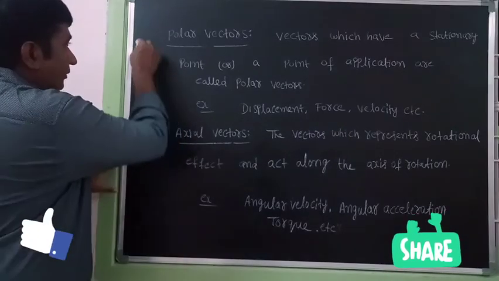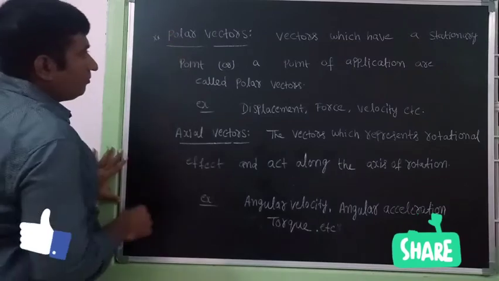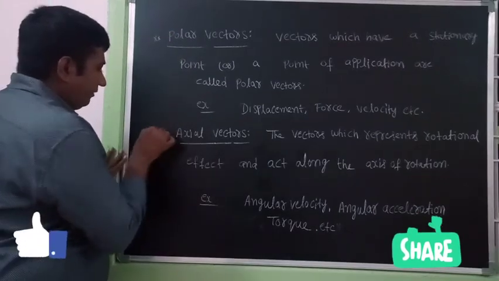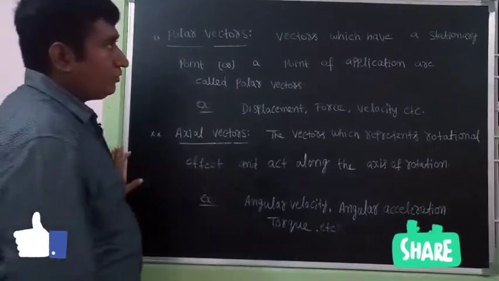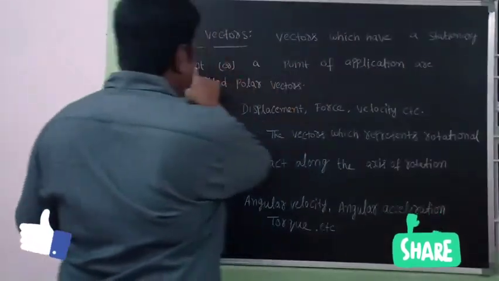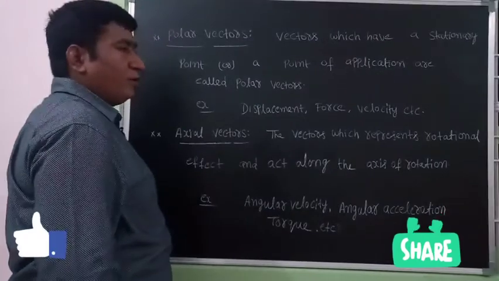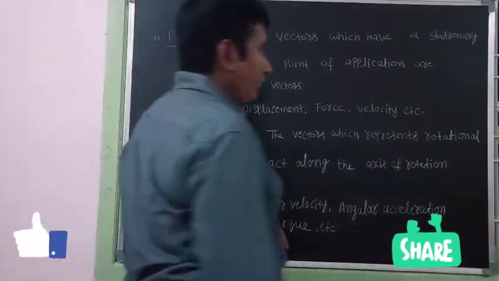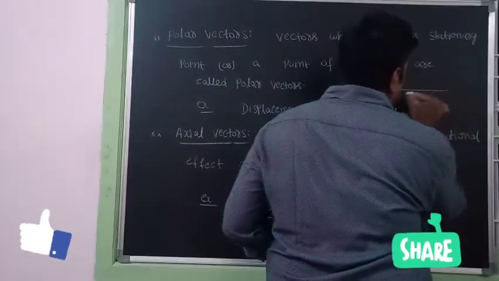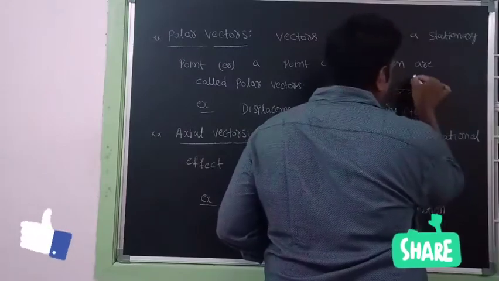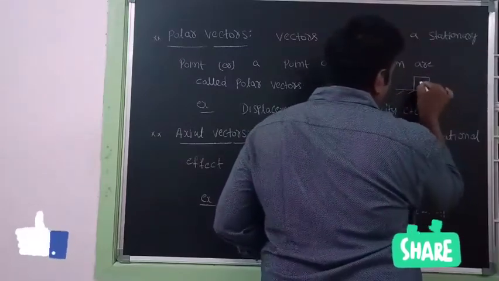Okay, so next one, polar vectors and axial vectors. Vectors which have a stationary point or a point of application are called polar vectors. Here I have taken one block.